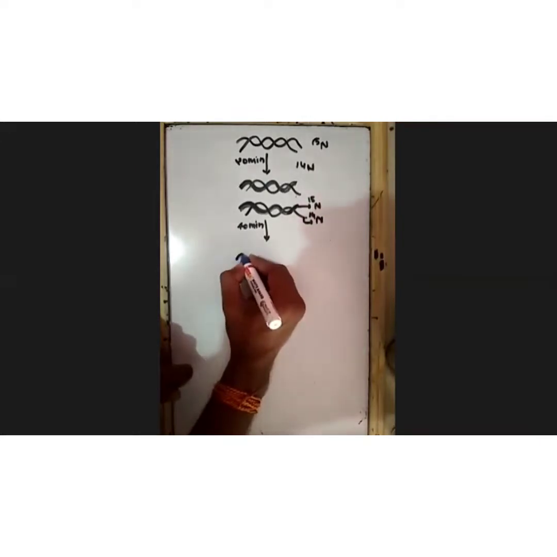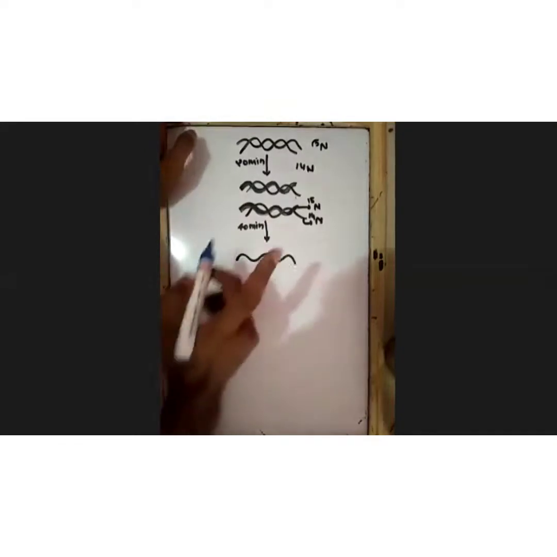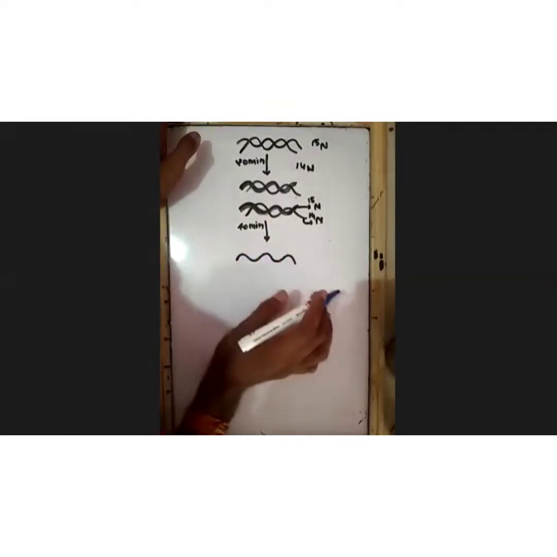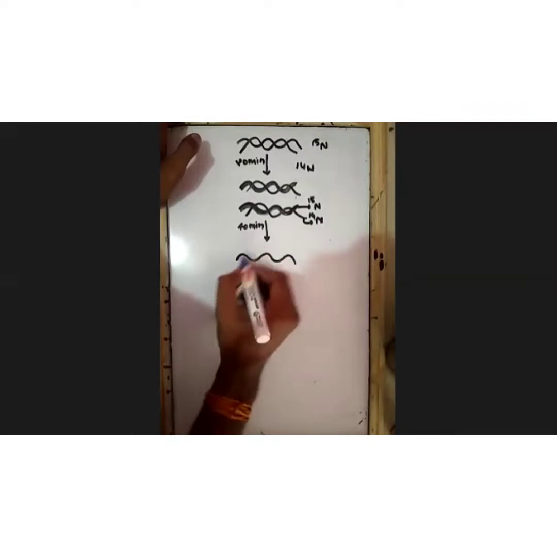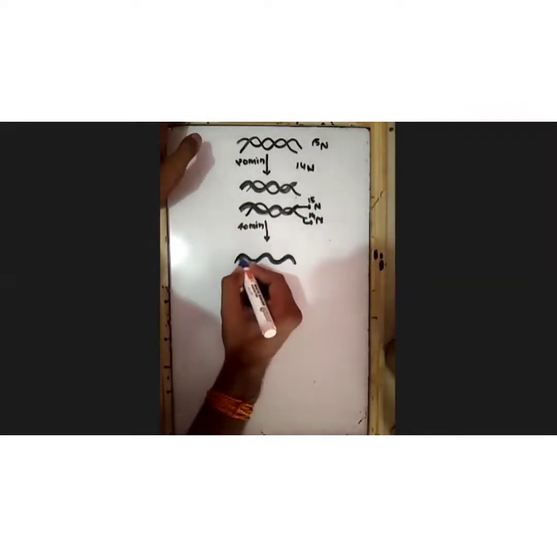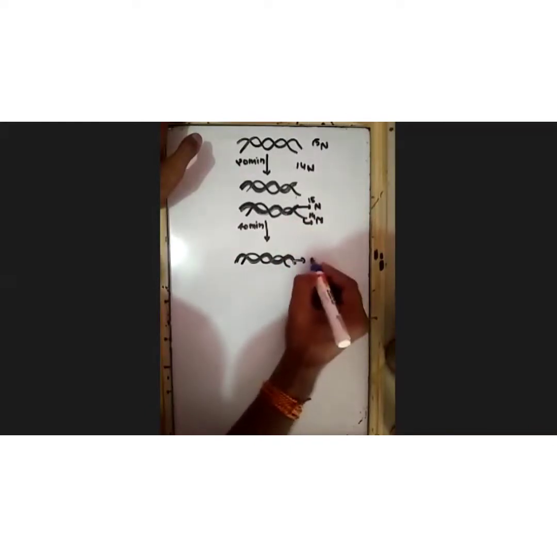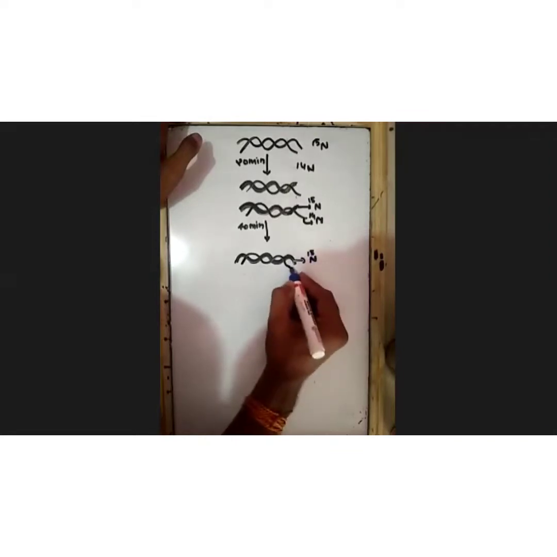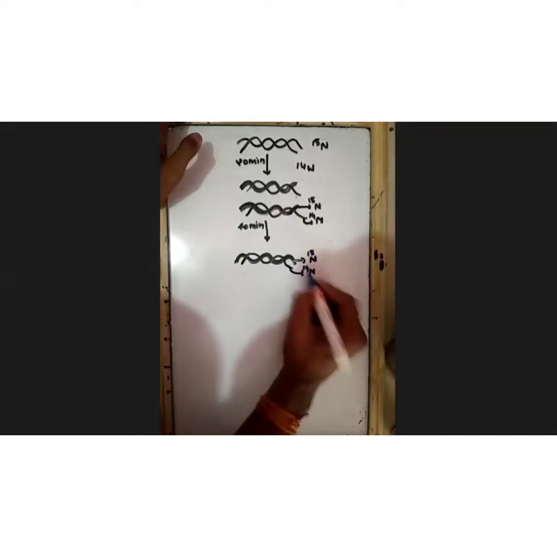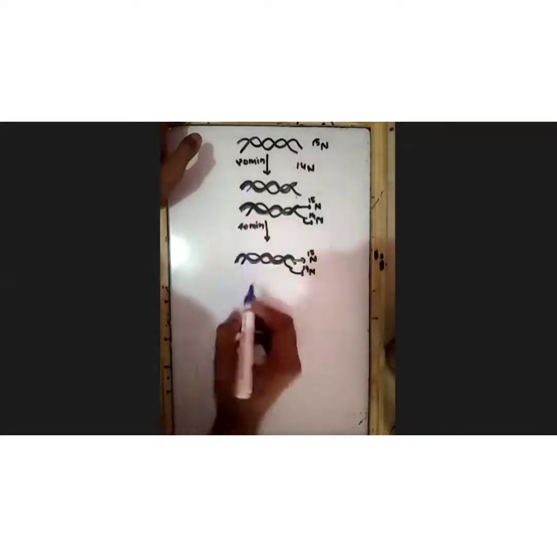Now we'll get some result. In the first DNA, one strand will act like a parental strand. So we'll assume that this strand is acting like a parental strand. After replication, we got another strand. This is the N15 and this is the normal strand, because normally we'll get N14. In the second, use this strand.